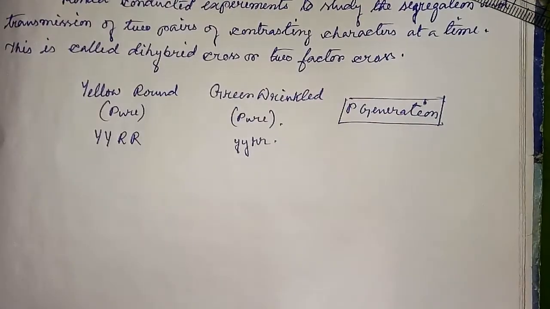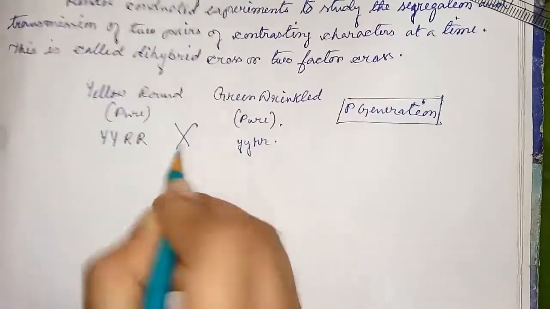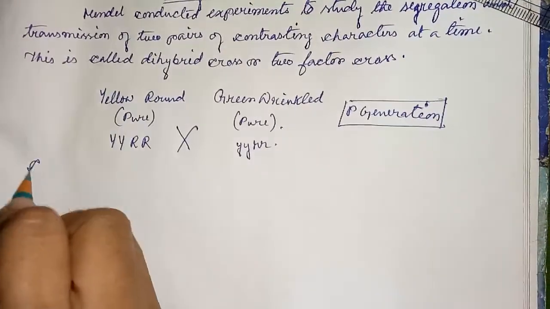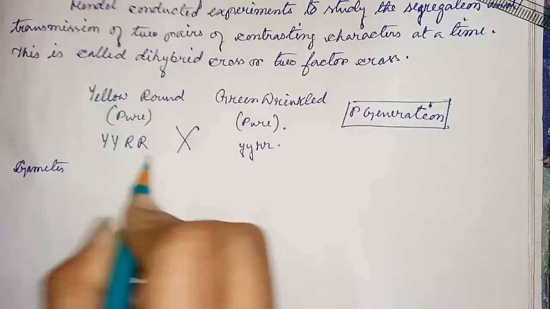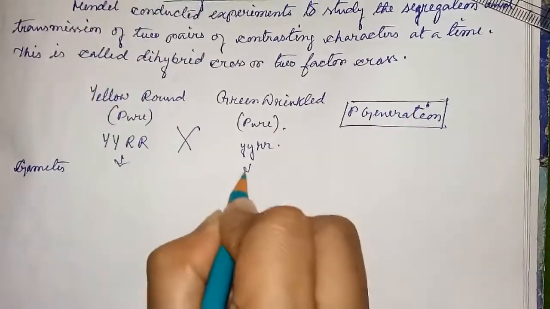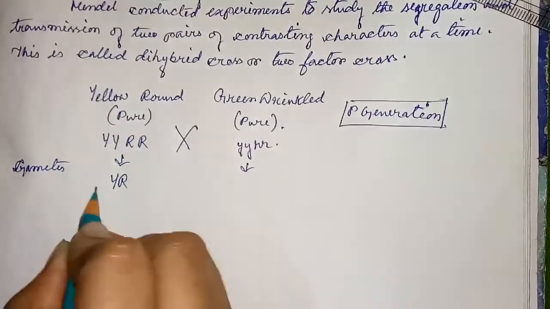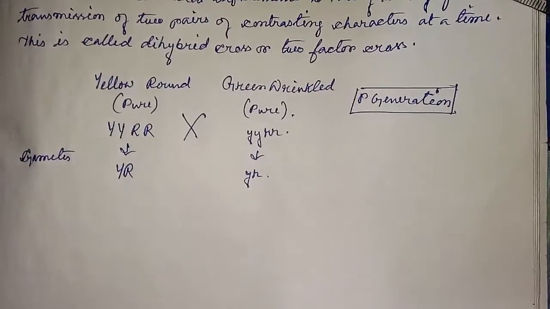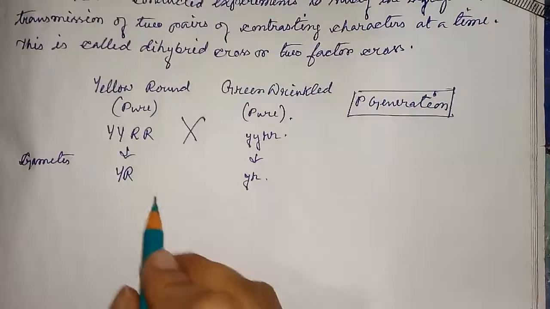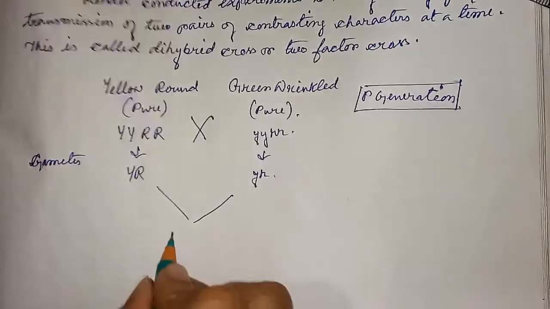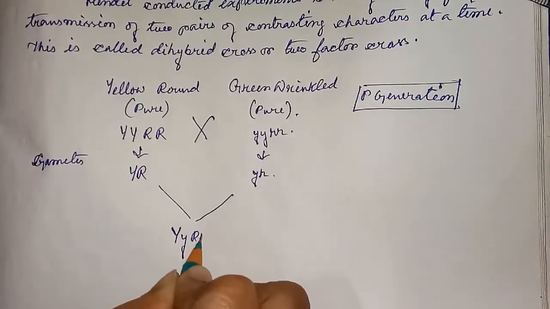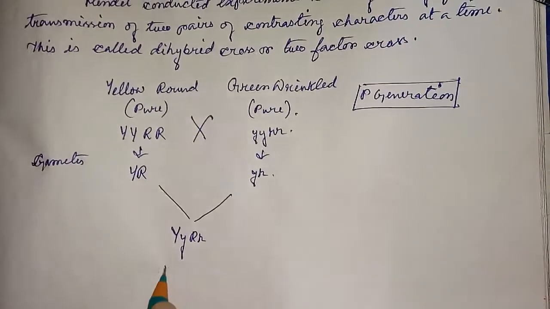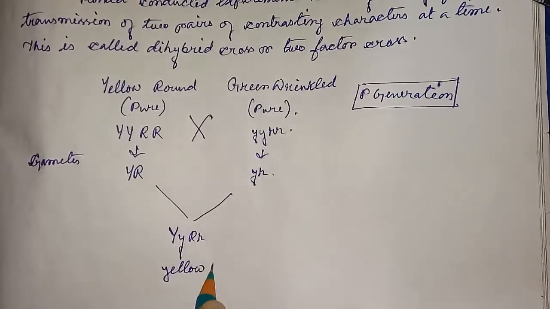Okay, now the cross is made between them. The gametes are capital Y capital R, and small y small r. The offspring are Yy Rr, which means yellow round.